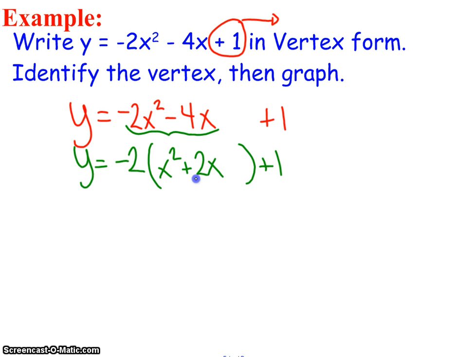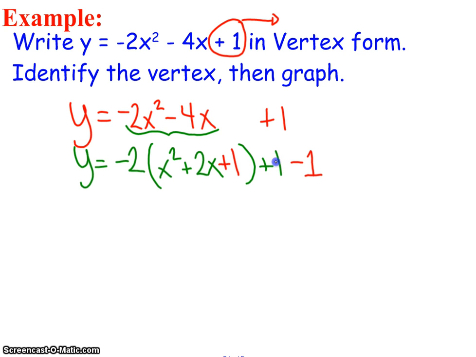Now you can half and square the 2. So what's half of 2 and square that? 1. You're going to add 1 here, and remember, you subtract 1 to your k, to this number outside.